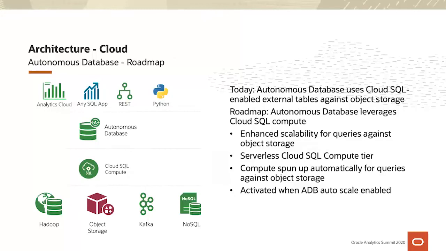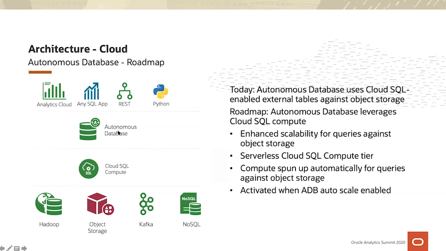What's coming, right? Well, actually, let's start with what's today. With Autonomous Database today, remember I mentioned there's two parts to Big Data SQL and Cloud SQL. There's the database enablement, and that's been done with Autonomous Database today, right? And that's what allows Autonomous to be able to access object storage, right?